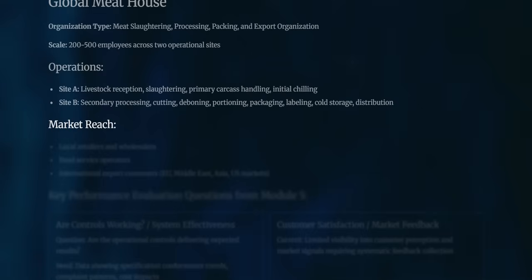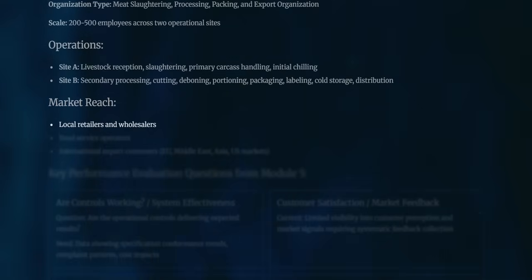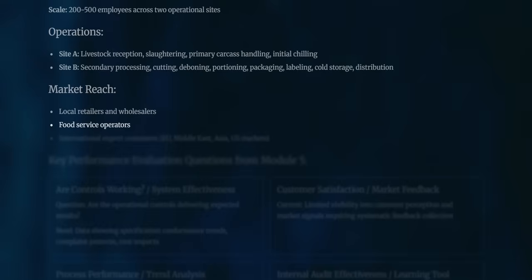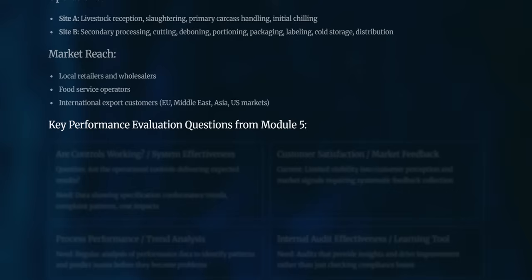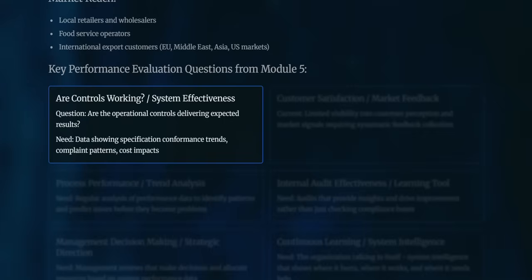The market reach of our organization includes local retailers and wholesalers, food service operators, including restaurants, hotels, and butchers, and also international export customers, including EU, Middle East, Asia, and US markets. Key performance evaluation questions from the previous module, which is module 5, include the following.